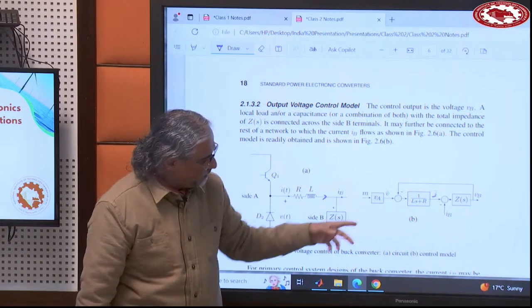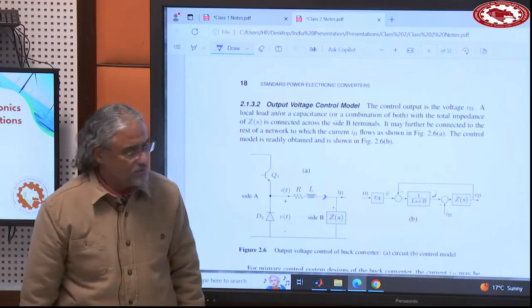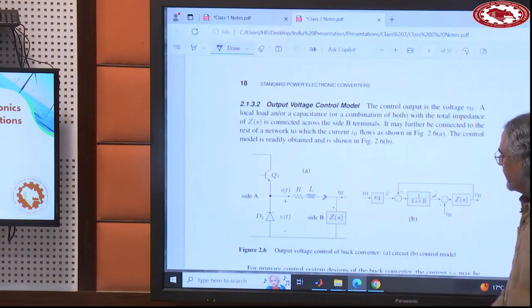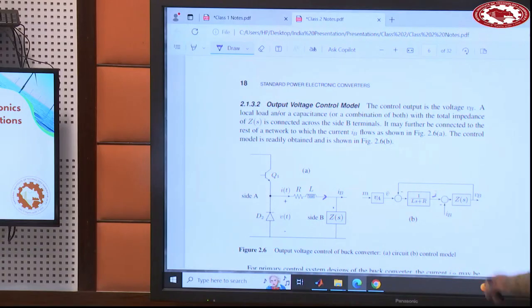That voltage goes back here as feedback. So this is the control model for controlling this voltage. If you want to control the output voltage, this is the model that you have.